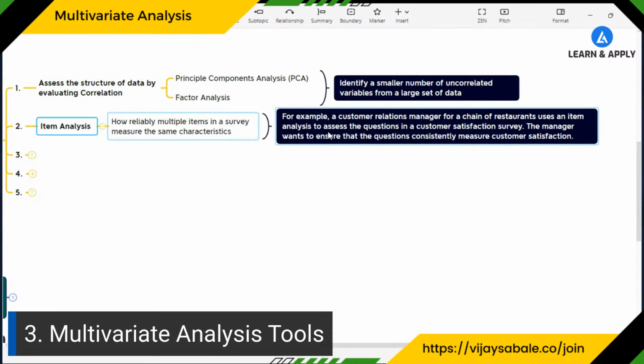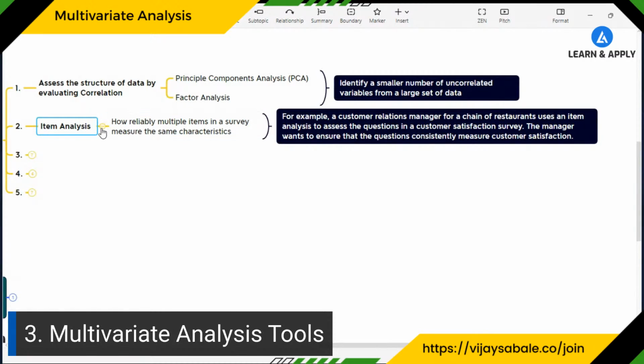In other words, we can say whether the survey is correct or not, or whether it is giving significant results or not. The manager wants to ensure that the questions consistently measure customer satisfaction. So that's a very important application of item analysis.